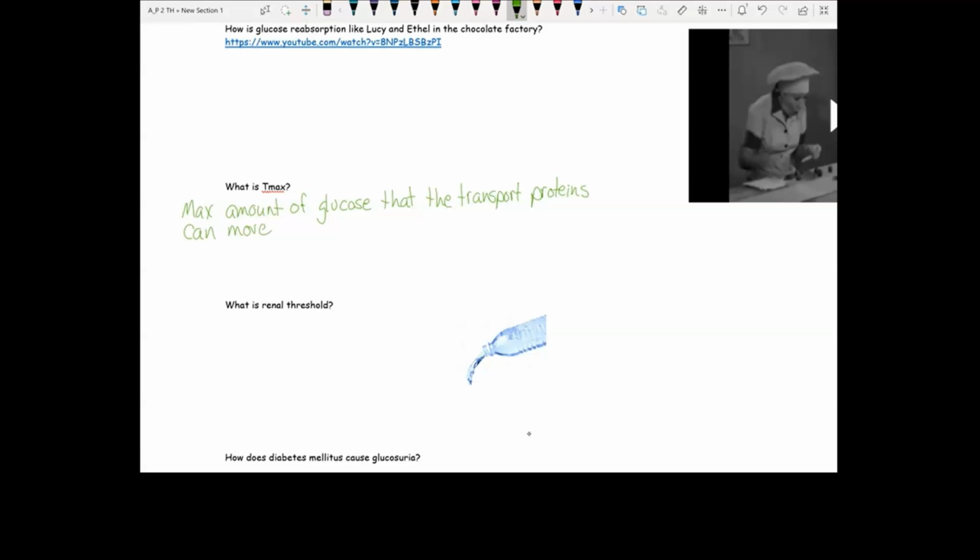Okay, so this would mean that the transport proteins are working as hard as they can and they're moving as much glucose as they can. In a typical human kidney, the Tmax for glucose is about 320 milligrams per minute.